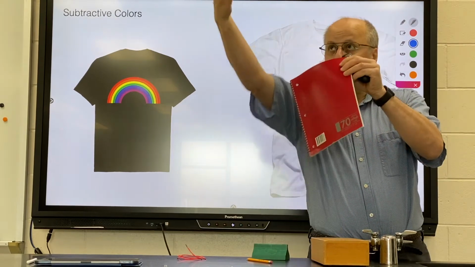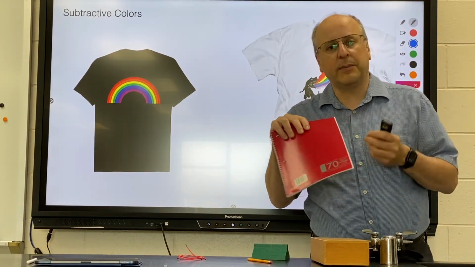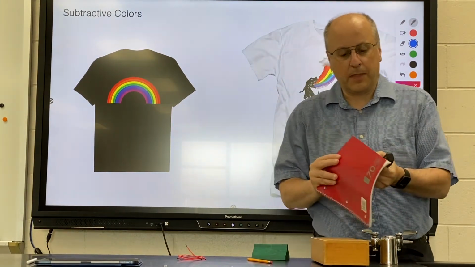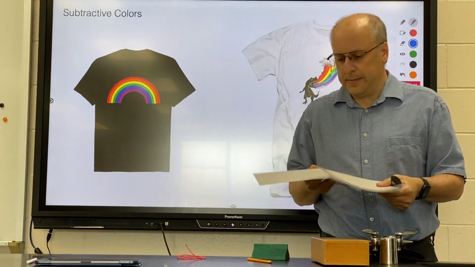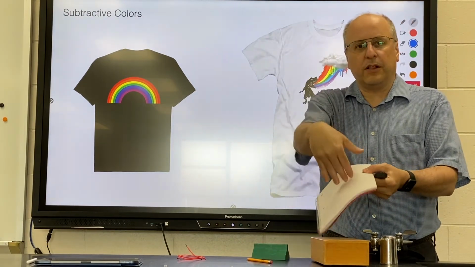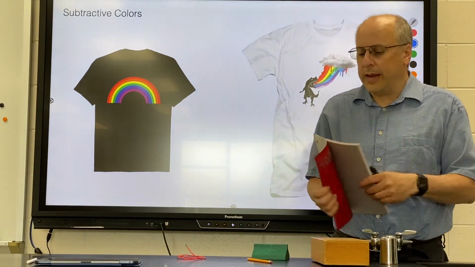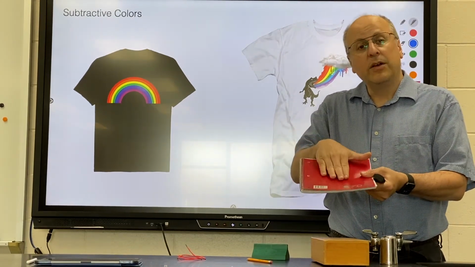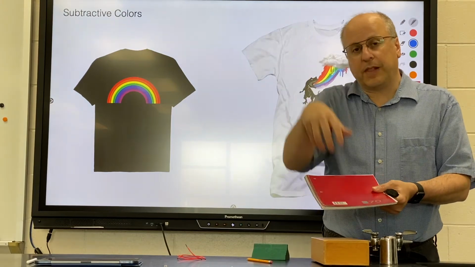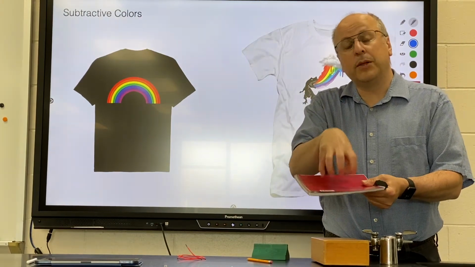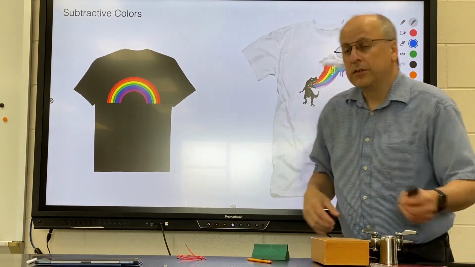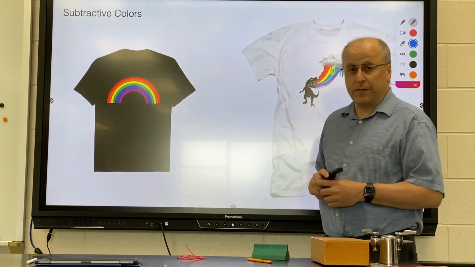This is reflecting light and taking some of the colors away from it. When I have white, all of the colors are reflecting off, the red, the green, and the blue. When I have red, only the red is reflecting off and the green and the blue are being absorbed. So this is known as subtractive colors.